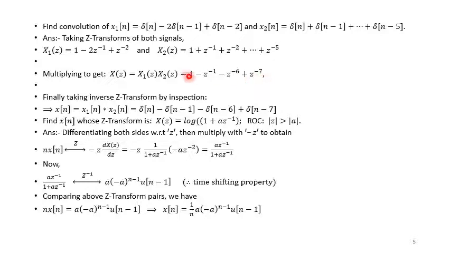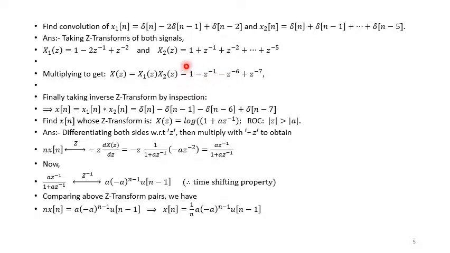Because now you know the Z transform you have found, if I take the inverse Z transform of this one, we can obtain the time domain signal. Because it's a linear operation, we can go term by term.